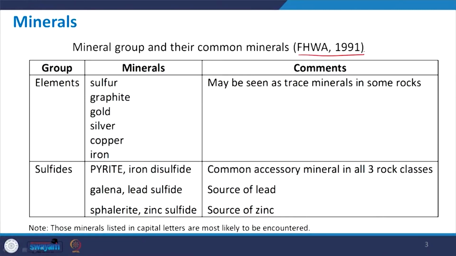So you see this has been taken from online available material, FHWA 1991. It deals with various mineral groups and their common minerals. The first group is called elements, which has the minerals sulfur, graphite, gold, silver, copper and iron.